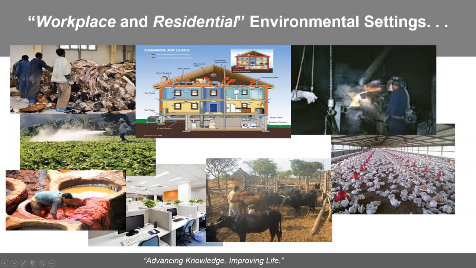And then shifting to another category, various types of workplace and residential environmental settings. It varies, and it can be indoor settings, outdoor settings such as agriculture, and you can see that from the occupational setting, there's a potential for higher levels of exposure by virtue of the specific processes involved.